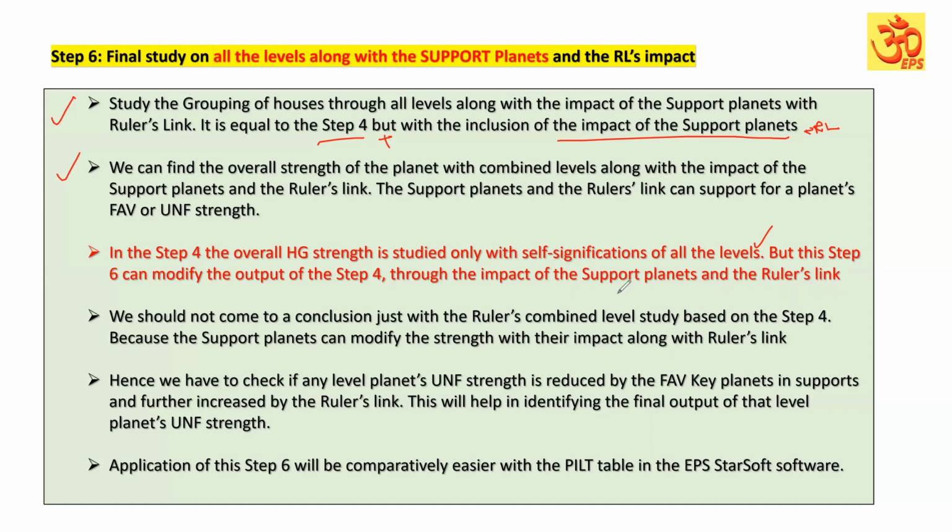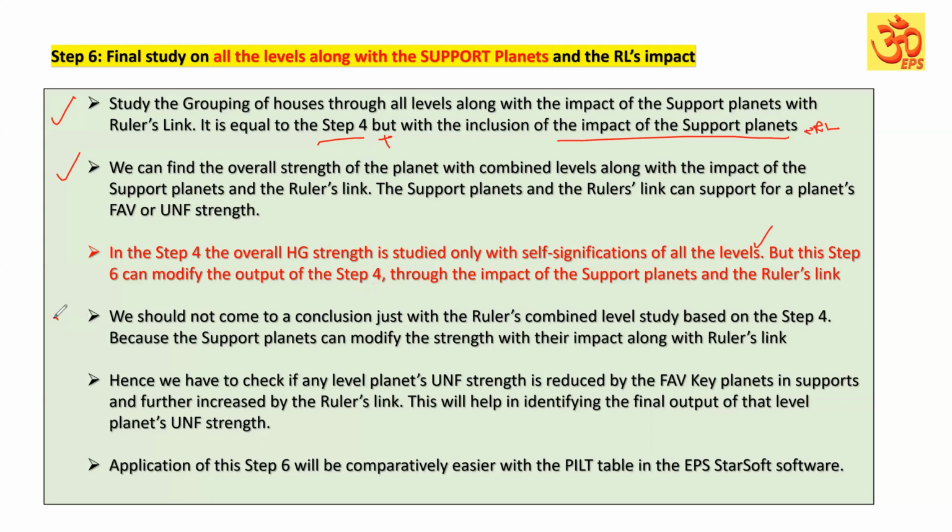With the help of the support planets, in step number 4 you may find one level planet is having some weakness. But with the help of the support planet, especially with the ruler link, that unfavorable level can become better also. That is what it is said. Step number 6 can modify the output of step number 4.